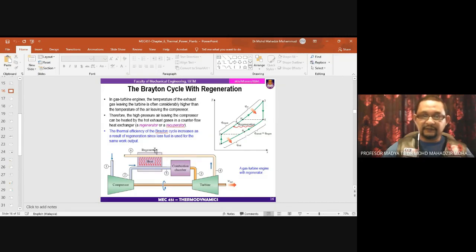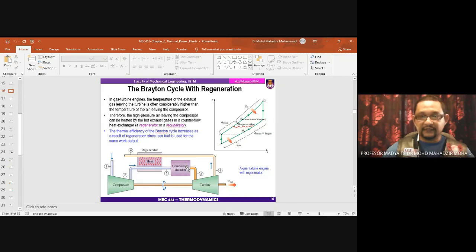If the system does not have the regenerator, we just put the cool air in the combustion, and the air needs some amount of fuel to be heated.